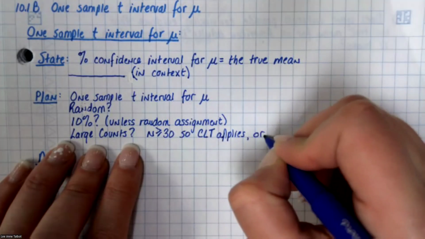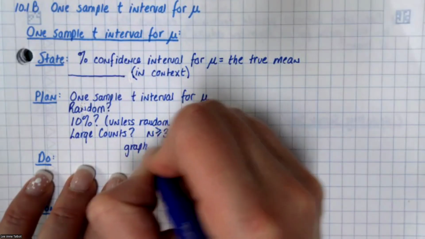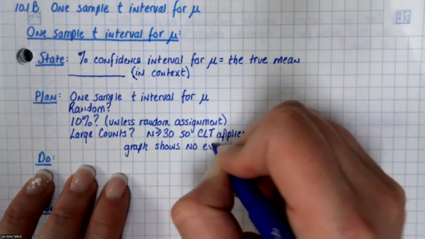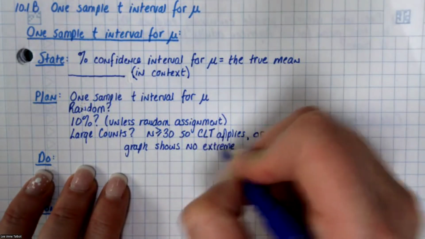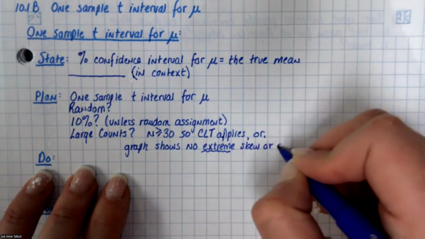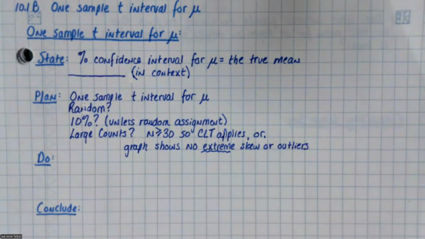Or graph shows no extreme skew or outliers.